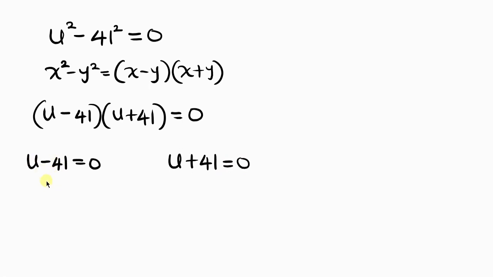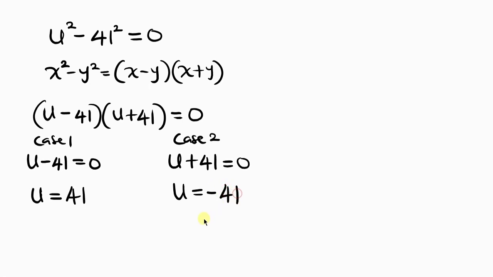Now, let me say case 1. The value of u for case 1 will be equal to, as negative 41 crosses to the right, it becomes positive 41. And for case 2, we have the value of u equal to, as 41 crosses to the right, it becomes negative 41. Now recall that we said let x squared plus 9x plus 19 be equal to u.